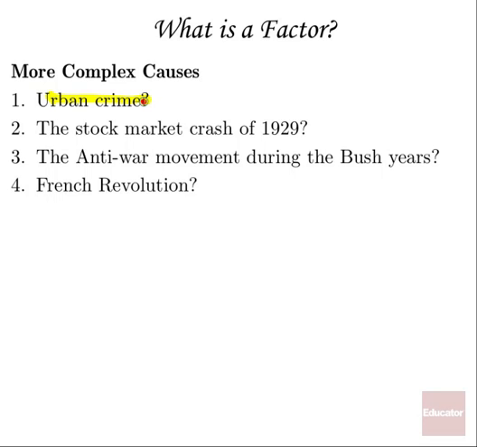Well, that was a lot of urban crime, and it definitely had more than just one cause. How about the stock market crash in 1929? Well, if you Google that or Wikipedia that, it was a stock market crash that caused the Great Depression. So what were the causes of this particular effect here? Why did the stock market crash in 1929?